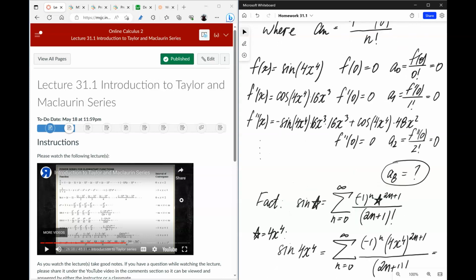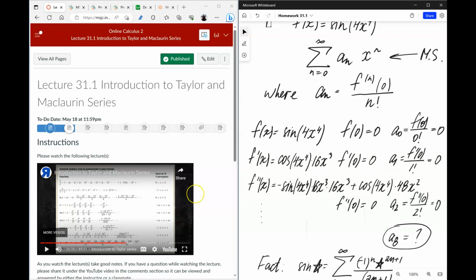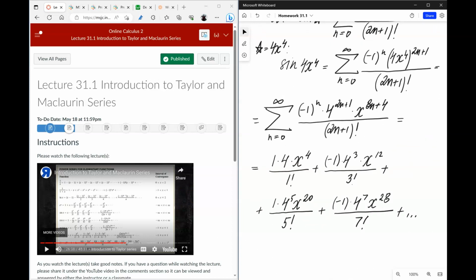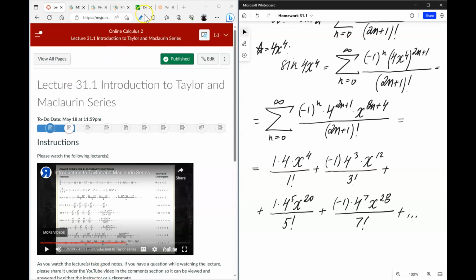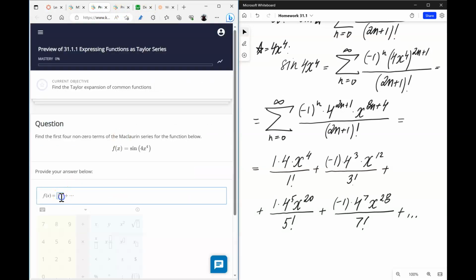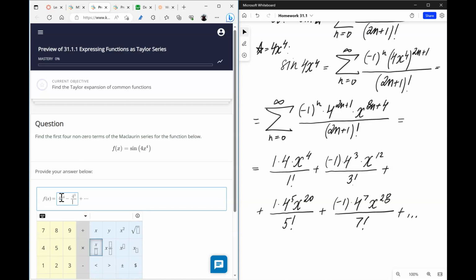Let's go ahead and enter this answer. I really want to see what the solution looks like to this problem. We're not trying to simplify anything, just entering it as is, so I'll keep the factorial symbol here and just copy and paste this term.